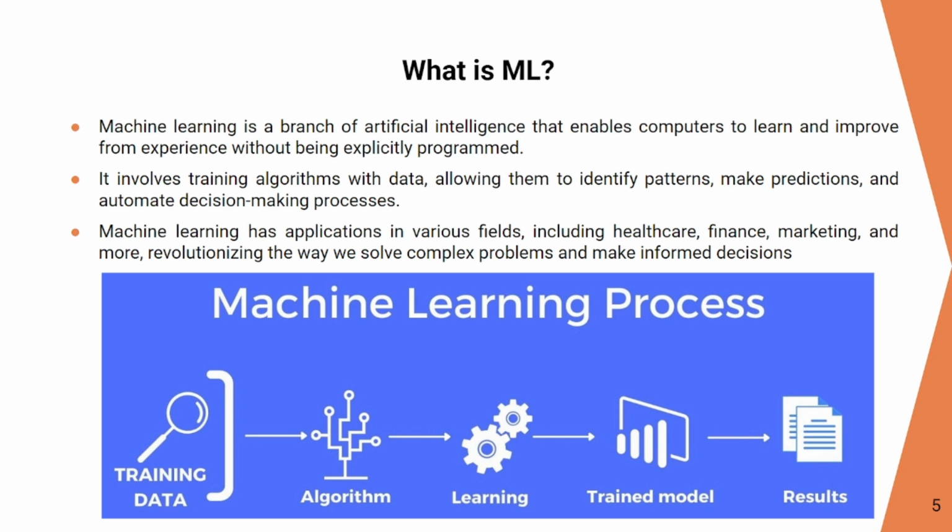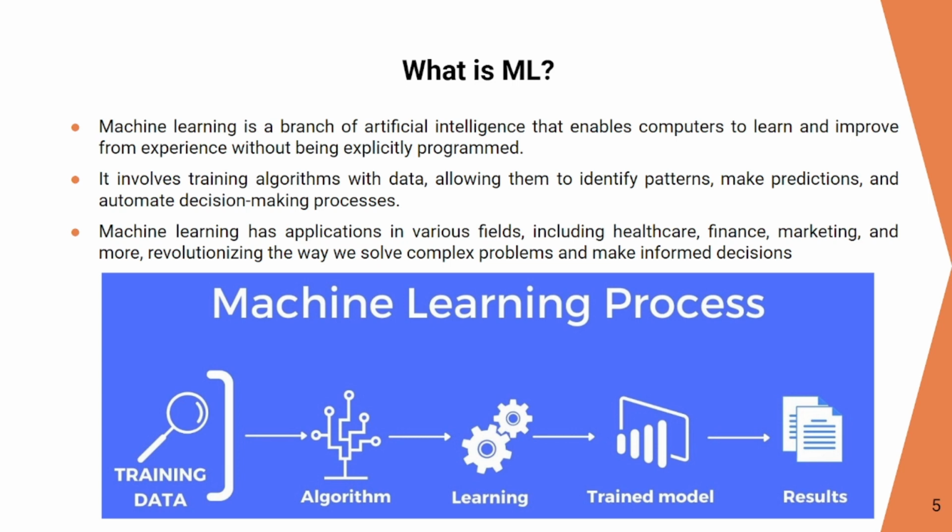So it's like teaching the computer to recognize a kind of pattern by showing it many examples rather than giving it strict rules. Machine learning is the branch of artificial intelligence that enables computers to learn and improve from experience without being explicitly programmed. It involves training algorithms with data, allowing them to identify patterns, make predictions, and automate decision making processes.